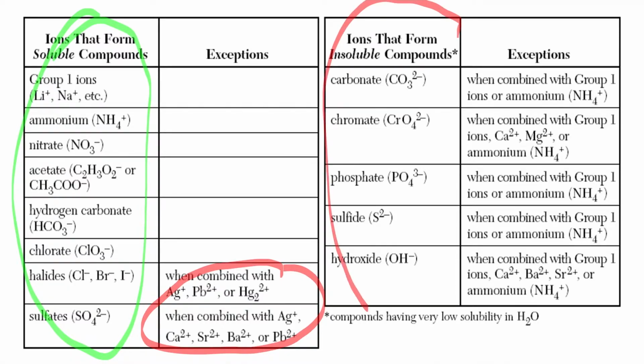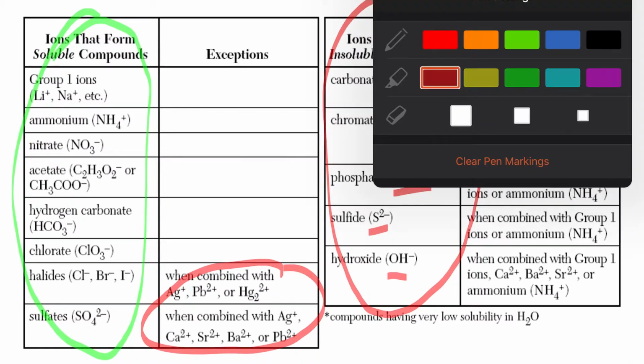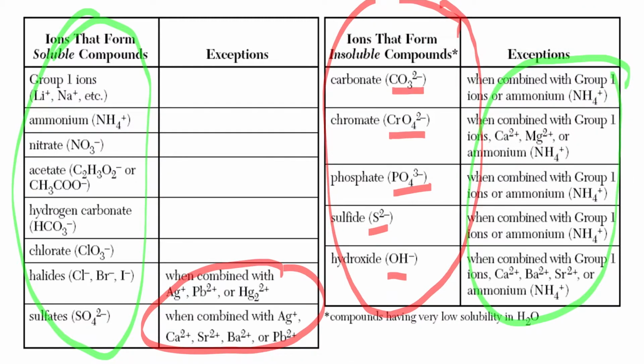Now, the other half of the table, these are insoluble compounds. So if you see something with CO3, CrO4, PO4, S, or OH, those are insoluble, except, and we have those exceptions when it's connected with these things. So let's say we have BaCO3.